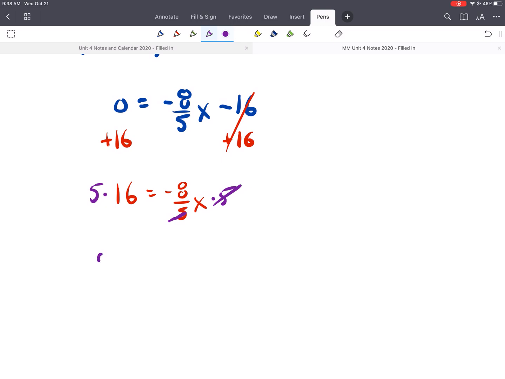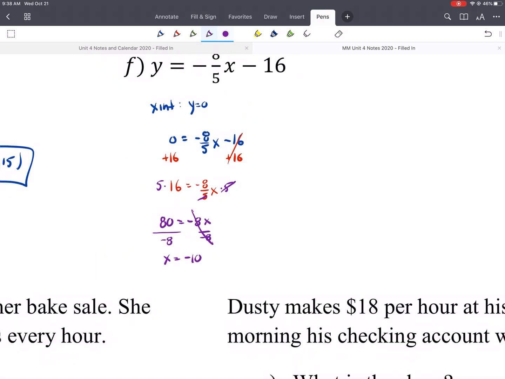So that gives us 80. All right, and then we'll just divide both sides by -8. So x is equal to -10. All right, so then we write our ordered pair as (-10, 0). And that gives us our x-intercept.